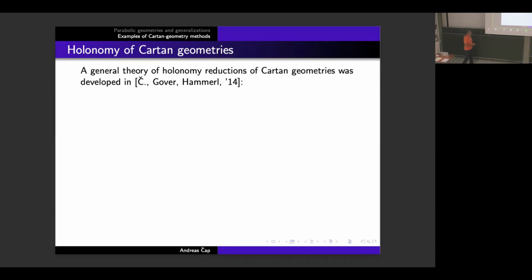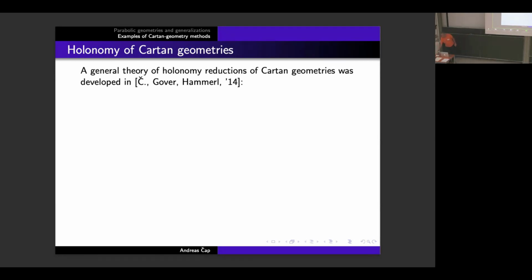What I want to say a bit more about is this issue of holonomy of Cartan connections. Already Lie Cartan did a bit about that, and then it came up in conformal geometry around 2000.